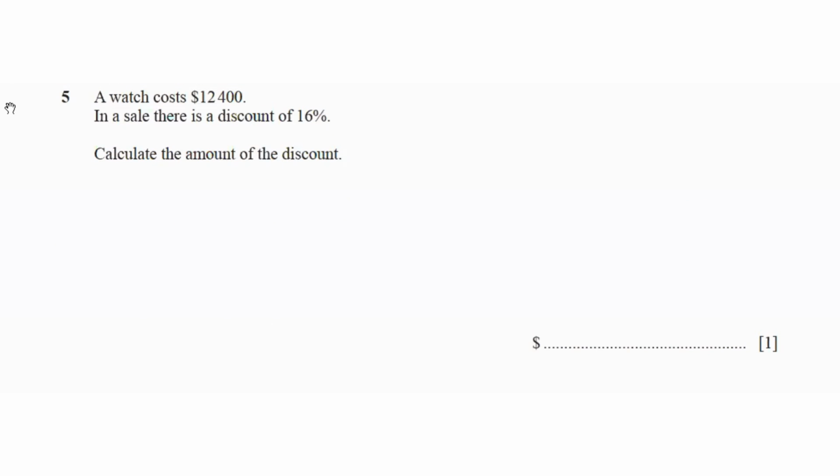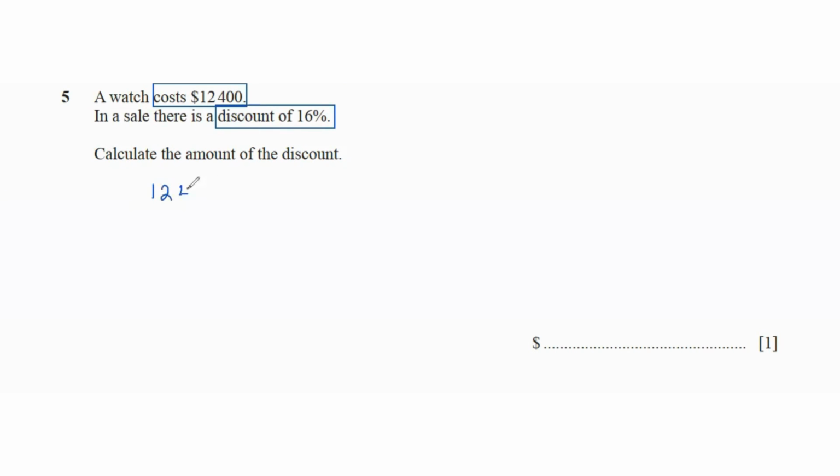Question 5 says, a watch costs $12,400. In a sale, there's a discount of 16%. So the cost is this, and the discount is this. Calculate the amount of the discount.